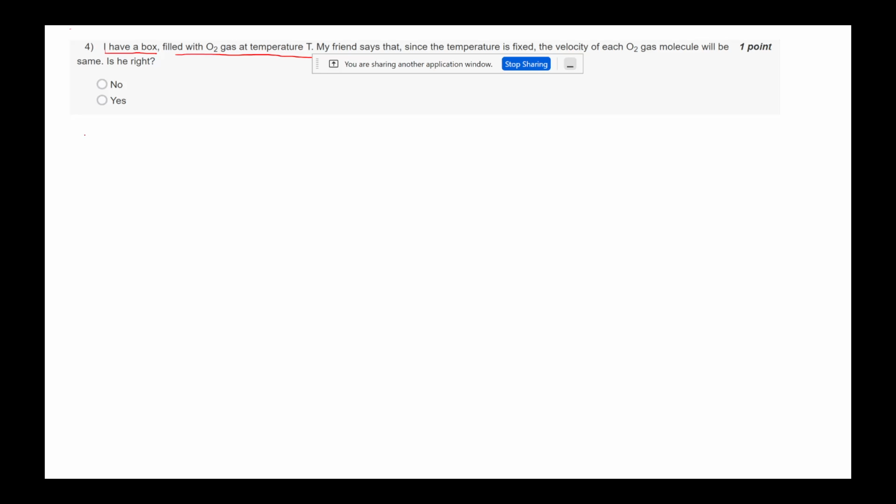So the logic of this point is that since they are colliding with different probabilities at different points of time, and that is also varying, they do not have the same speed for each molecule. They have a distribution.